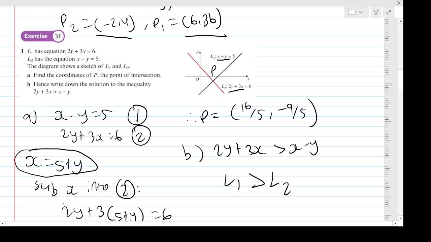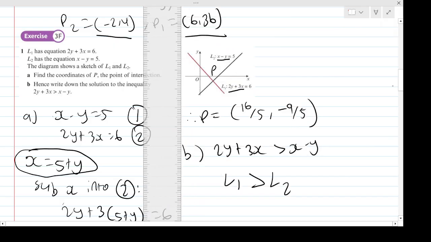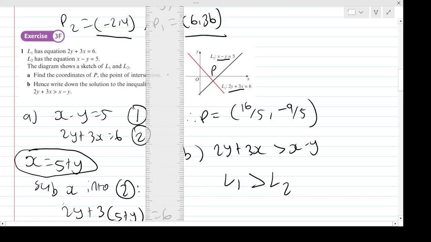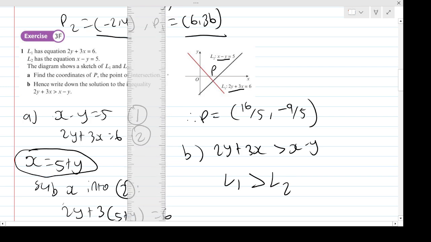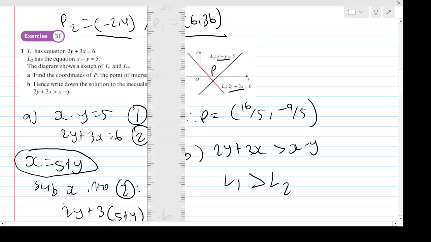Again, it's always handy to use a ruler to help you visualize exactly when one line is above another. So let's have a look. Let's read from left and move our way to the right. As we go towards the point of intersection, hopefully you see this line L1 here is above L2.